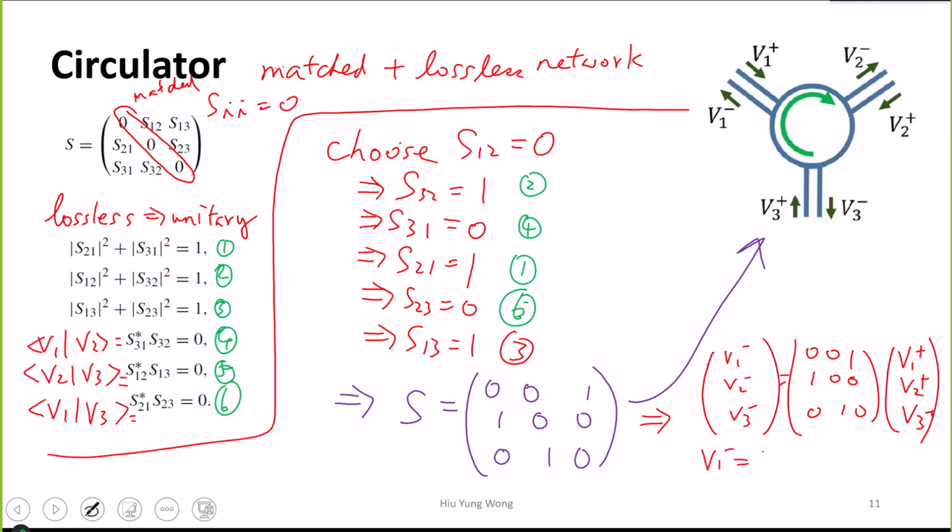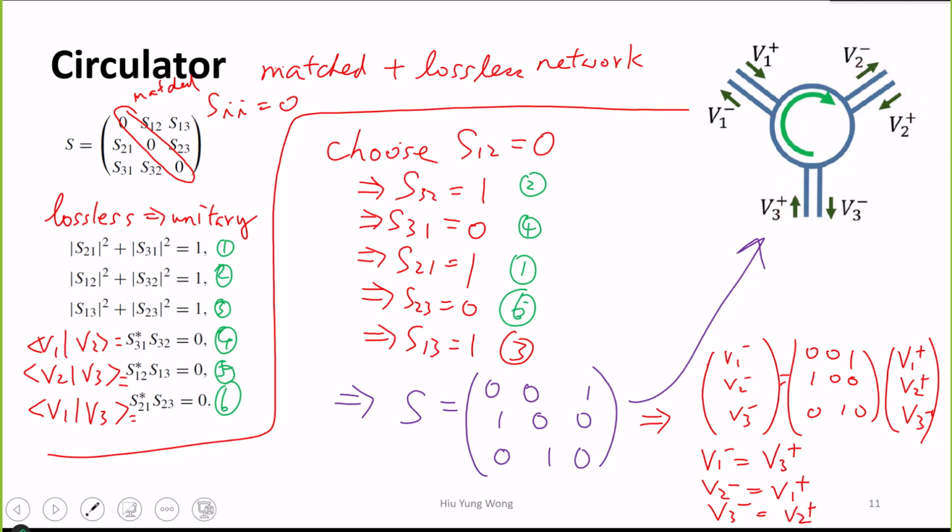V1 minus equals V3 plus. V2 minus equals V1 plus. V3 minus equals V2 plus. Isn't that saying that V3 goes to V1, and then V1 goes to V2, and then V2 goes to V3? And that serves as a circulator.